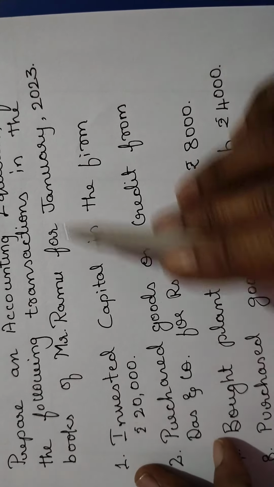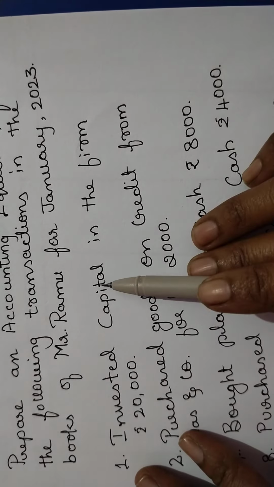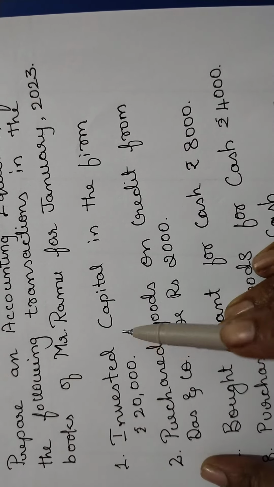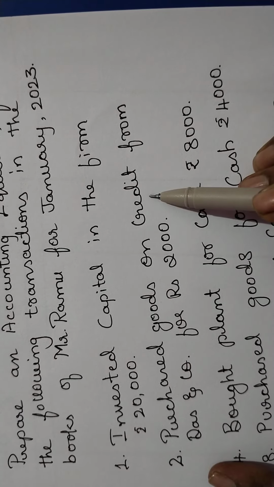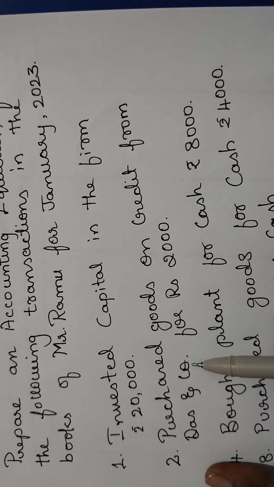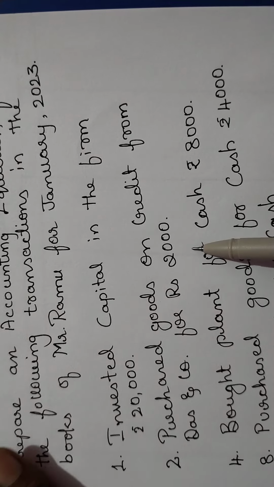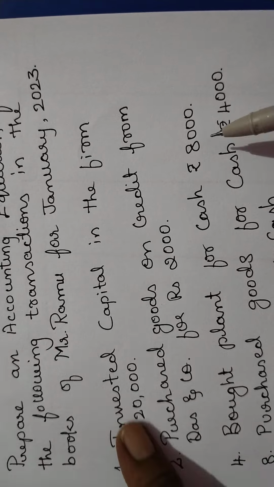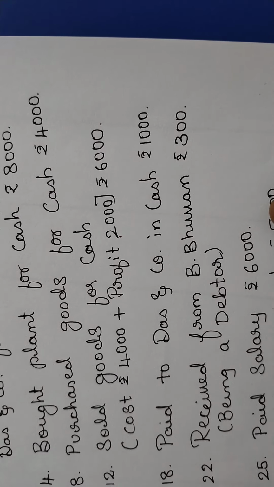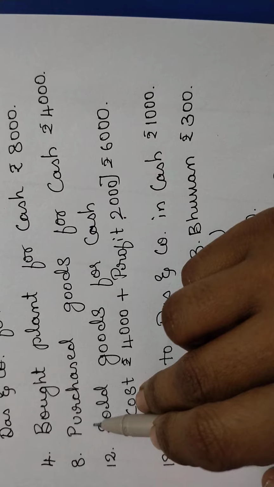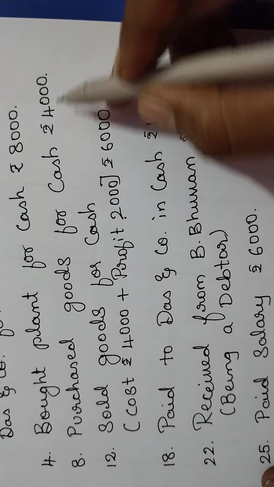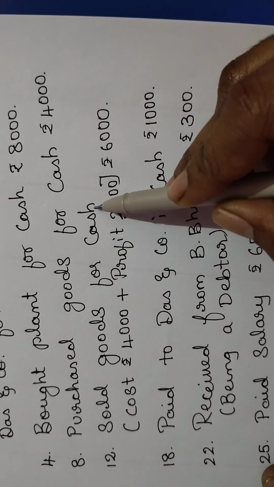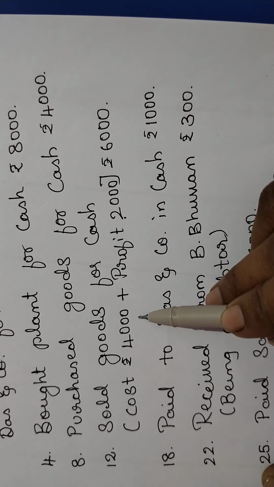The first transaction is on Jan 1st, invested capital in the firm rupees 20,000. Purchased goods on credit from Das and Company for rupees 2,000. Bought plant for cash rupees 8,000. On 8th Jan, purchased goods for cash rupees 4,000. On the 12th, sold goods for cash. Cost of the goods is 4,000.